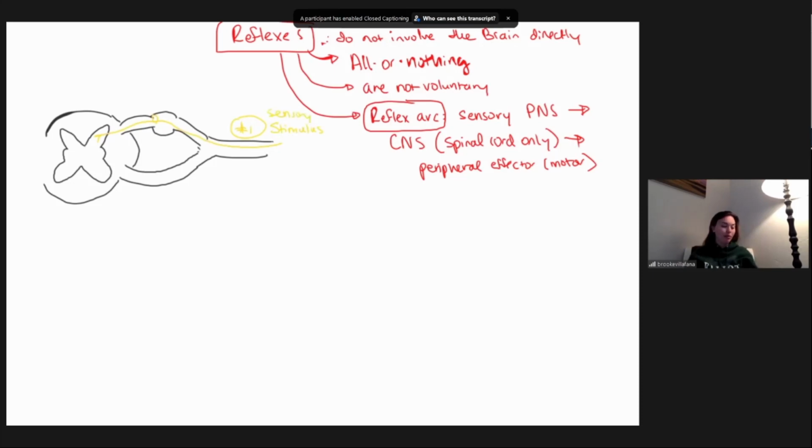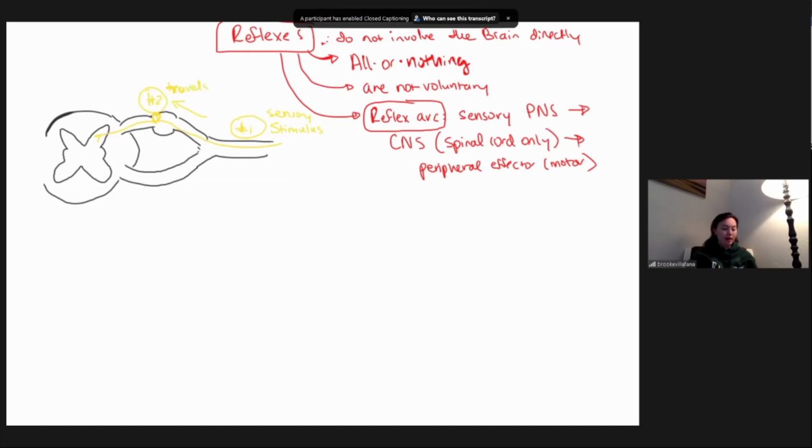So for example, you touch something hot like a burner on the stove, and you're going to obviously reflexively pull your hand back. So it's coming in the backside as a sensory stimulus. Then it's going to travel back here through that unipolar side.